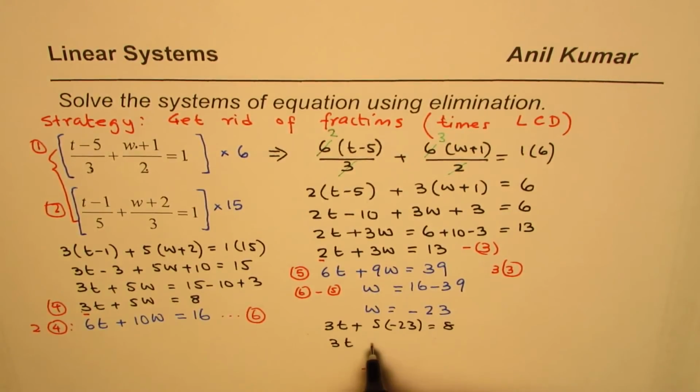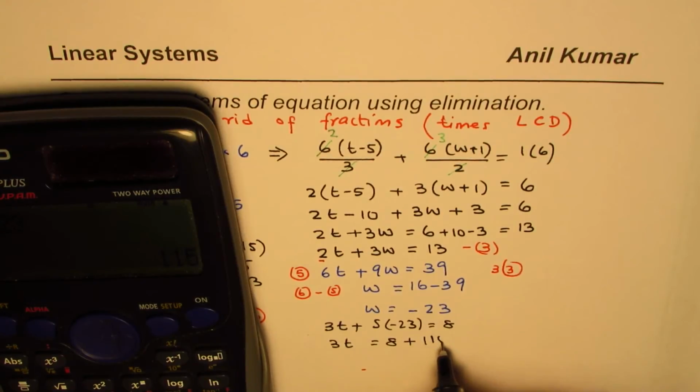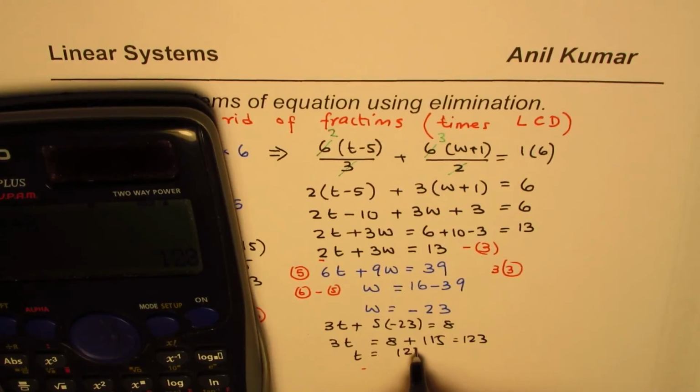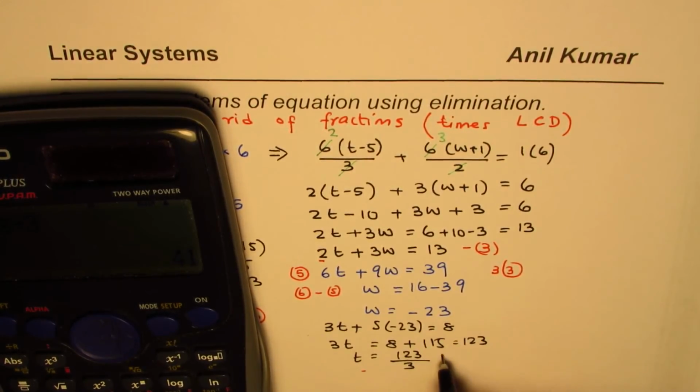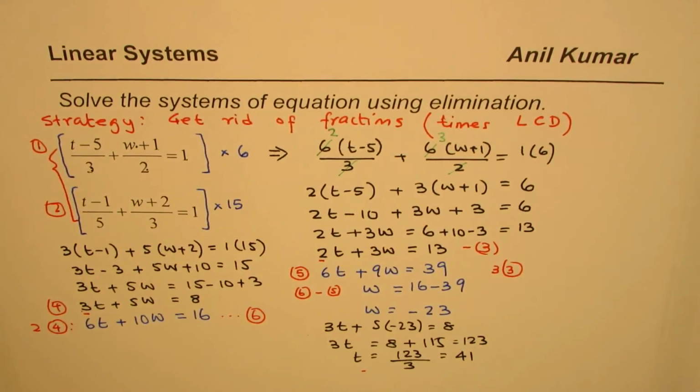That gives us 3t equals 8 plus 5 times 23. Let's use a calculator: 5 times 23 is 115, plus 8 gives us 123. So t is 123 divided by 3, which is 41, correct? So we get the answer for t as 41.